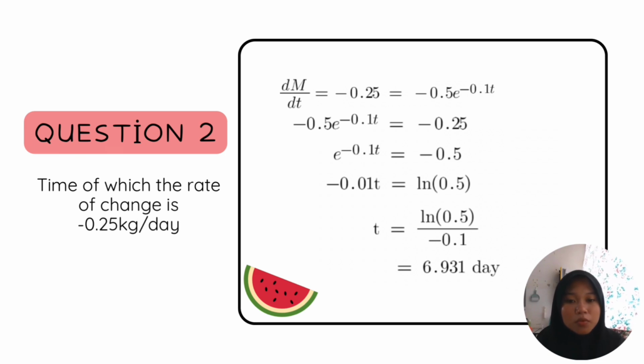We need to move the exponent to the right side, and we get ln. So we get -0.1t = ln 0.5. To find t, we divide ln 0.5 by -0.1, and we get 6.931 days for the time.